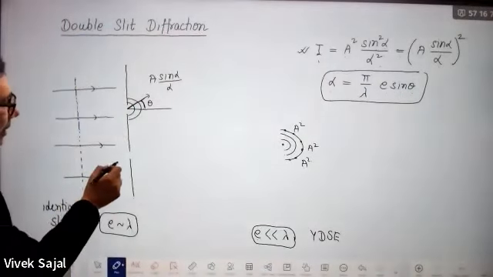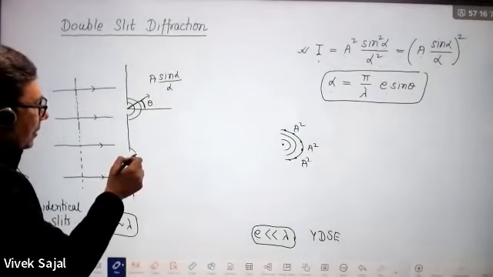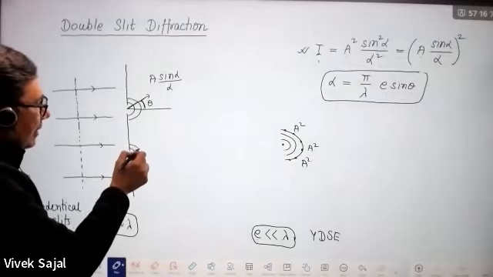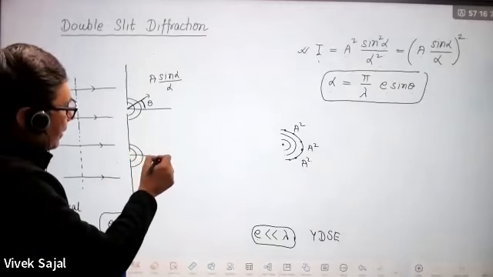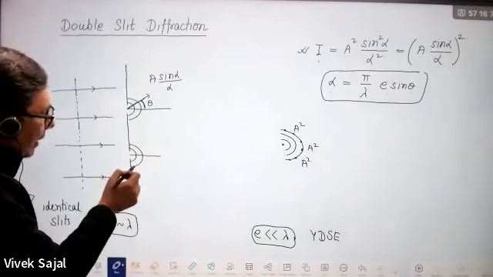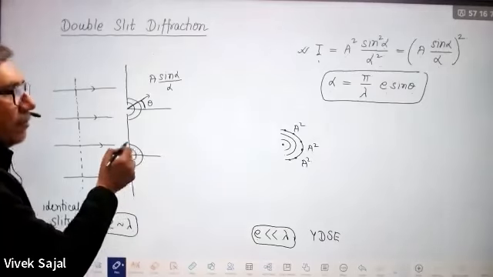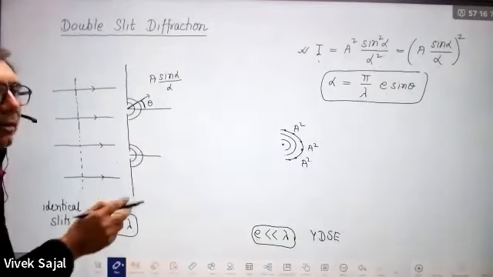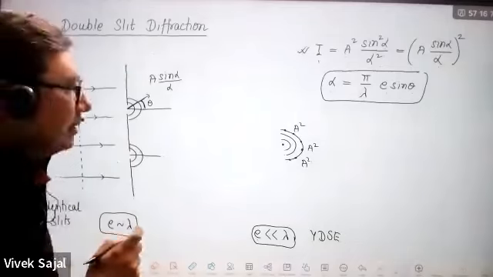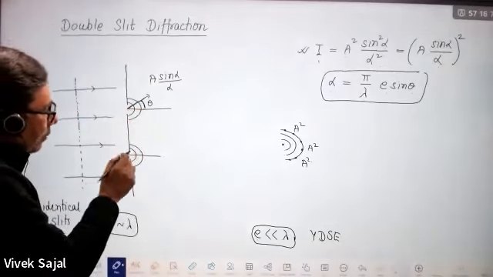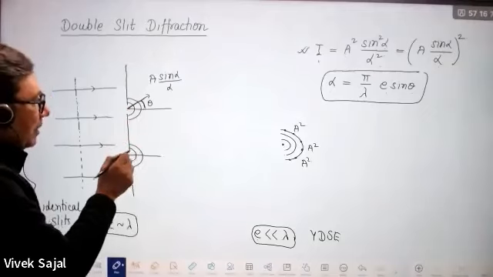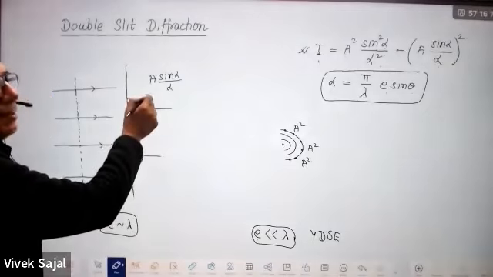Similarly, light will pass through this second, identical slit, and again the light is going to be diffracted. In different directions, the intensity will be different. So again I choose the part of the light emerging and propagating at the same angle.